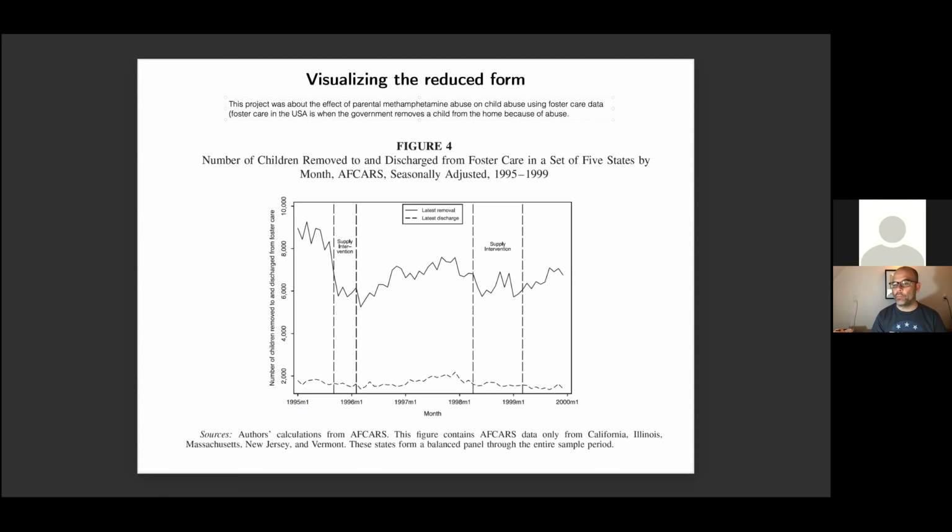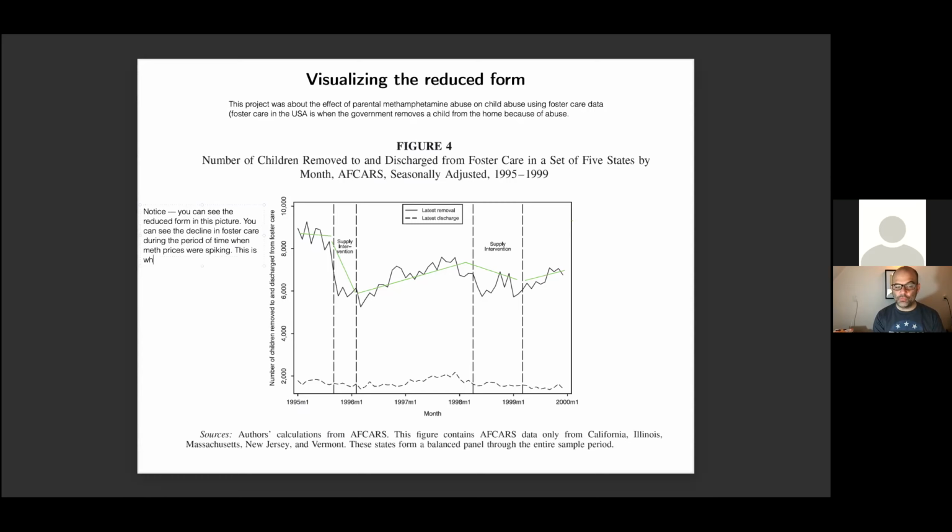So notice what I get here. Fall. Rises. Falls. Rises. Notice. You can see the reduced form in this picture. You can see the decline in foster care during the period of time when meth prices were spiking, right?